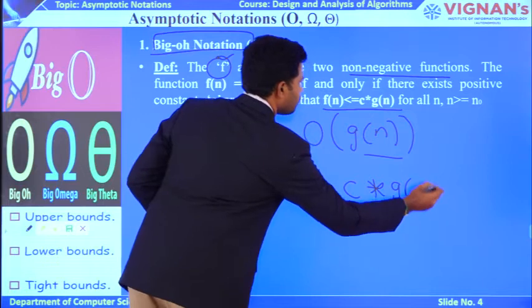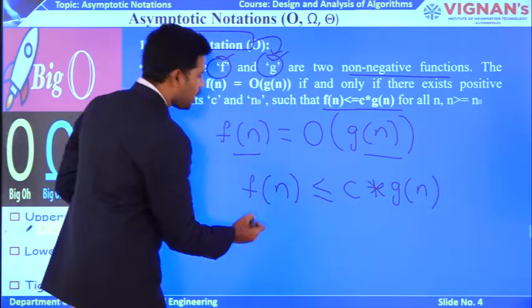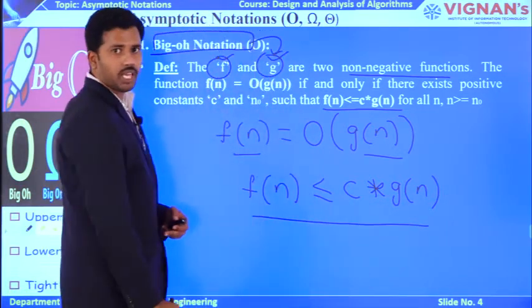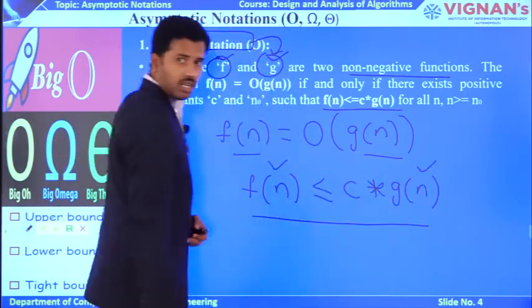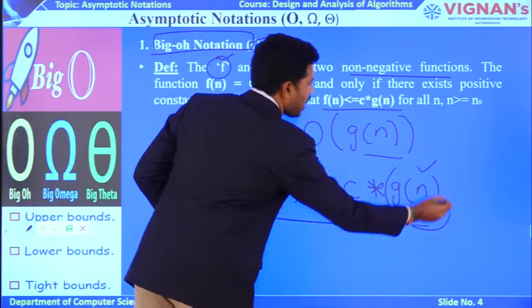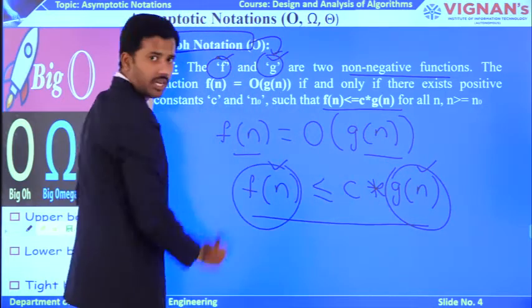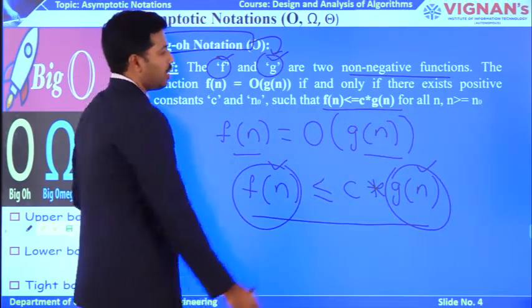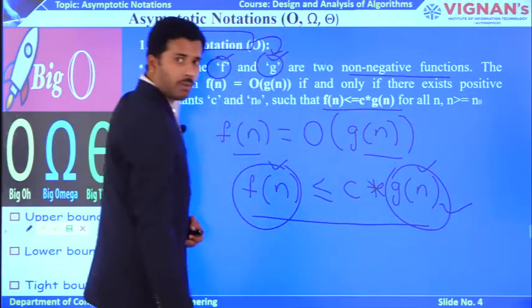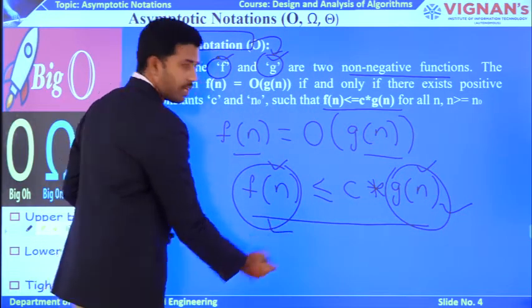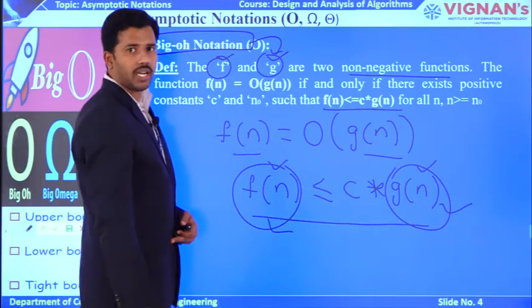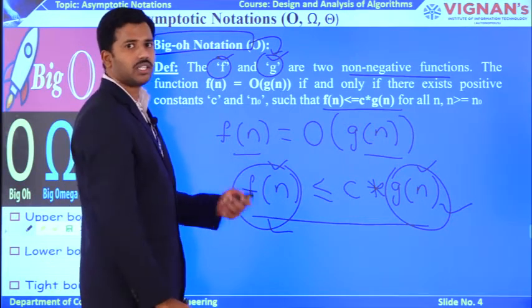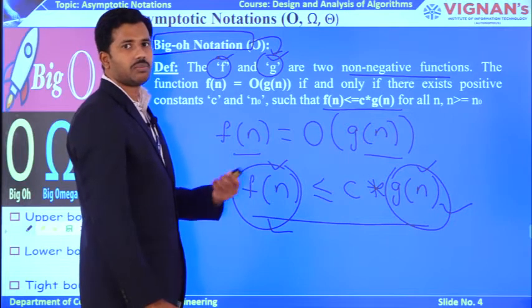What this relation is telling is, after applying big O notation among f of n as well as g of n, g of n has a higher value than f of n, or you can say that g of n has an upper bound value over f of n. Or f of n has a lower value than g of n. You can say it many ways.